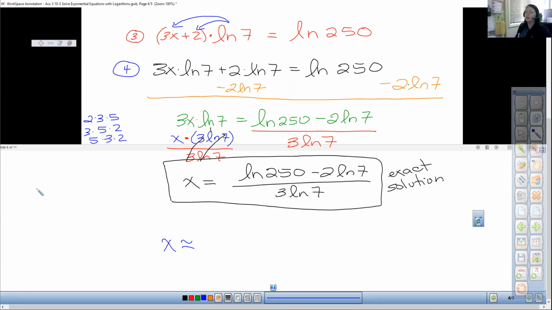For example, if I have 10 minus 2 divided by 4, I need to make sure that this subtraction between the 10 and the 2 is done before the division. So my calculator, if I just type 10 minus 2 divided by 4 into my calculator, thinks that I want it to do the division first, and I don't.